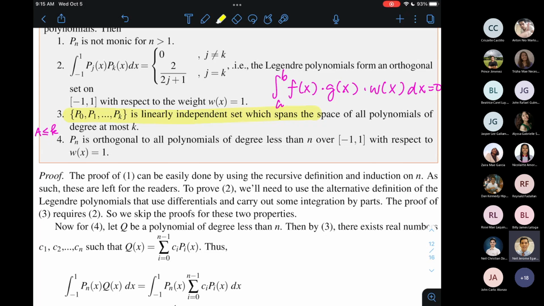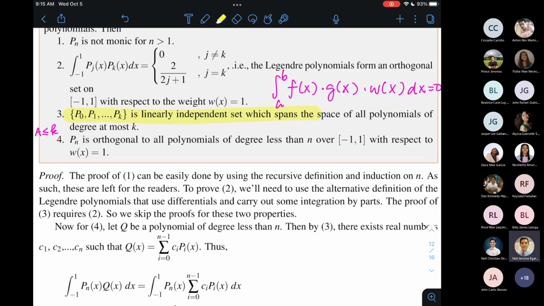Kasi meron mga ODE properties o some properties that are beyond the scope of the course na kailangan gamitin sa proof ni number 3. So kailangan niyo uling maniwala sa akin. So ito ay proof by appeal to authority. So I'm telling you, totoo ito. Itong property number 3. Alright? So ang Legendre polynomials of degree k and less ay isang basis para sa vector space of all polynomials of degree at most k. Alright?